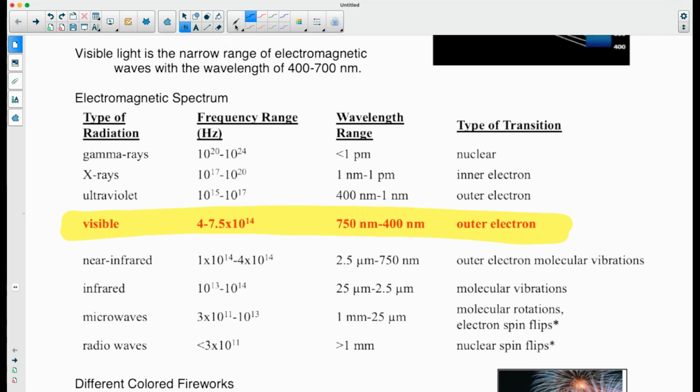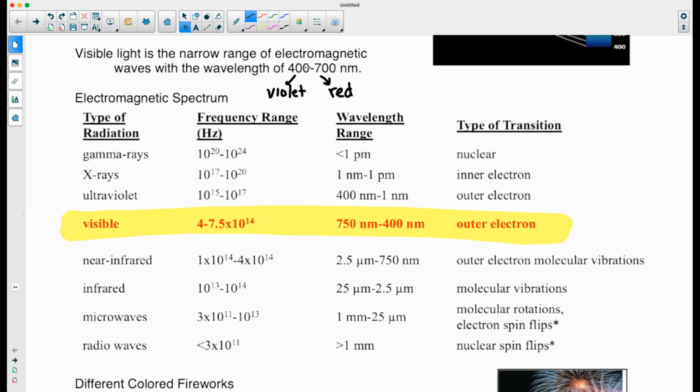And nanometers are the way that we measure wavelength. Ultraviolet is on the 400 side, so 400 is the violet end of the spectrum. 700, or 750, is near infrared. So that 700 is the red side of the spectrum.